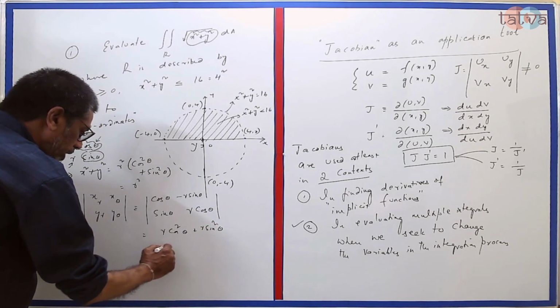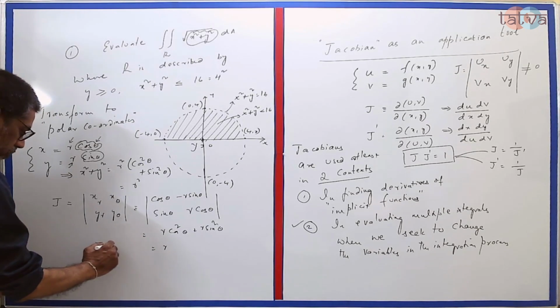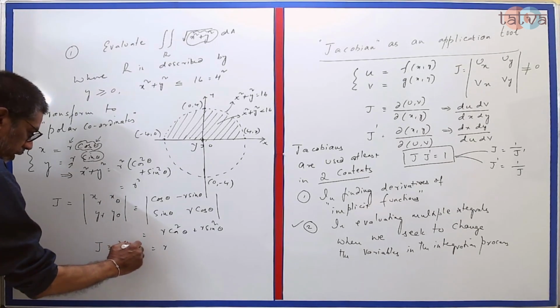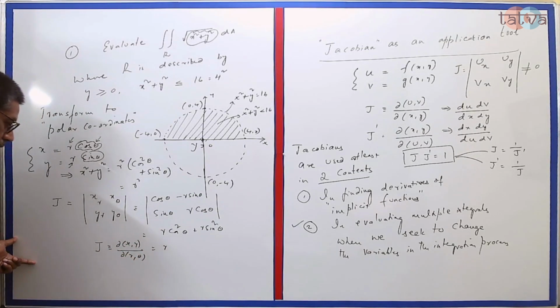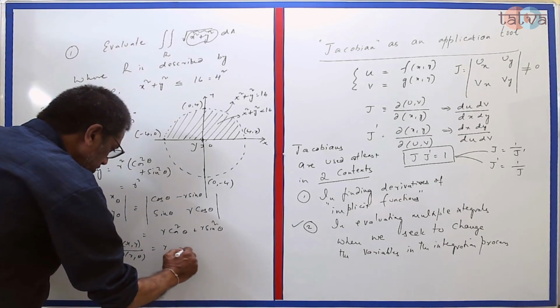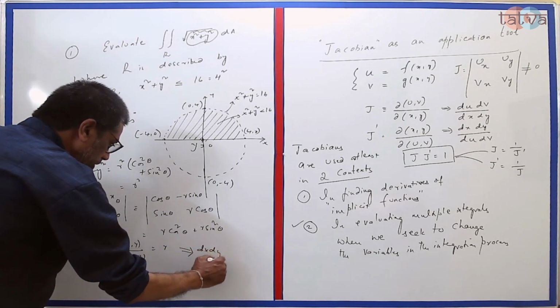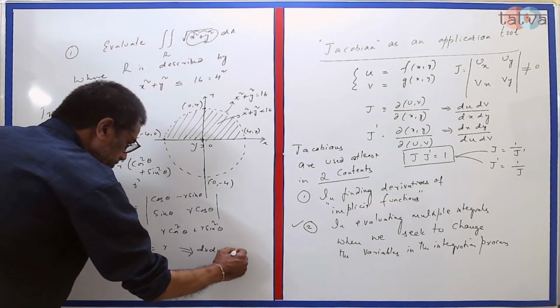This will give me r. So this is the J. What is this J? It is dou(x,y) by dou(r,theta), from which we can write dx dy is equal to r dr d theta.